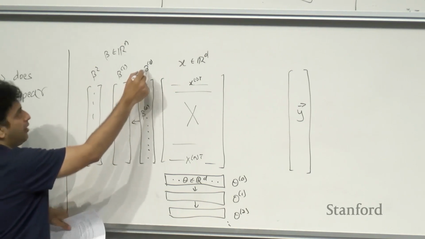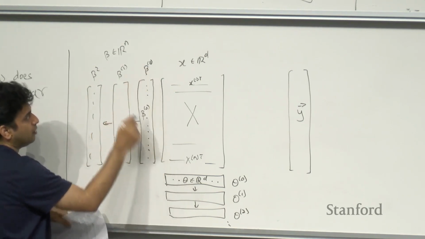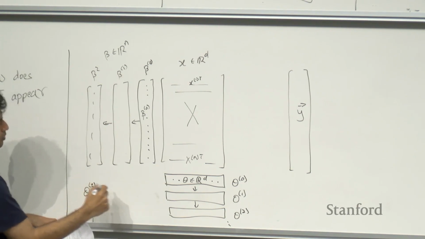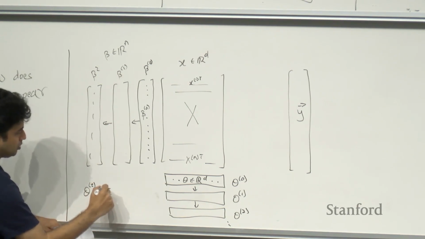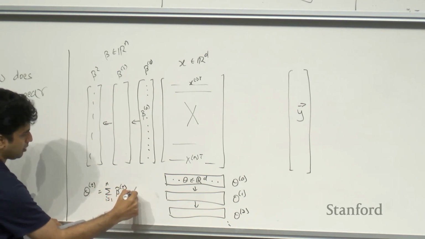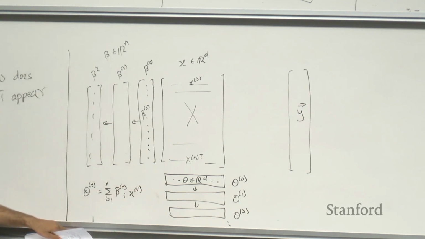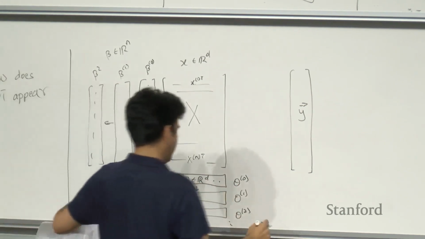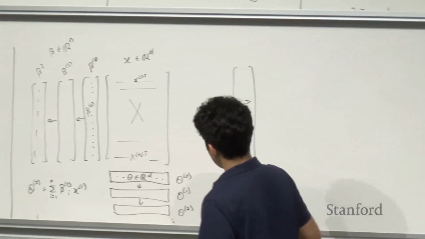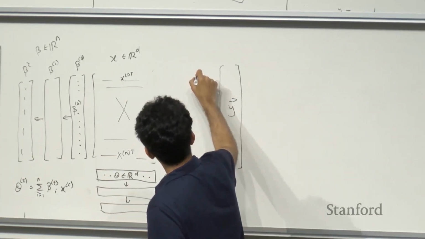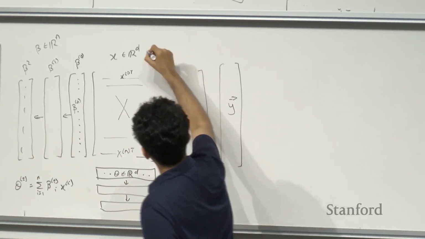Right? And every beta vector has a corresponding theta vector, where theta of t is equal to the sum over i equals 1 to n of beta of t, i times x of i. Right? And this holds true even if we use this fact to extend our x into a high dimension vector.